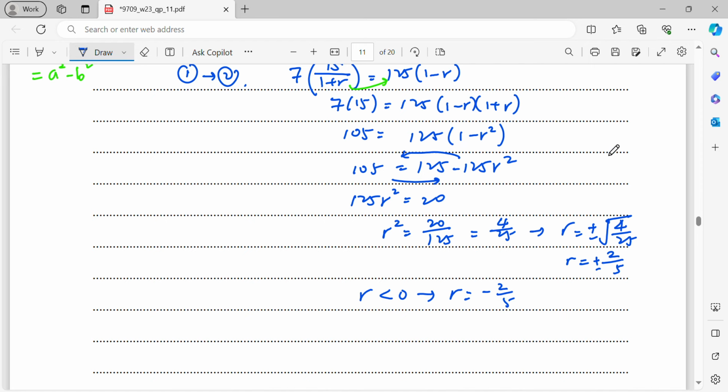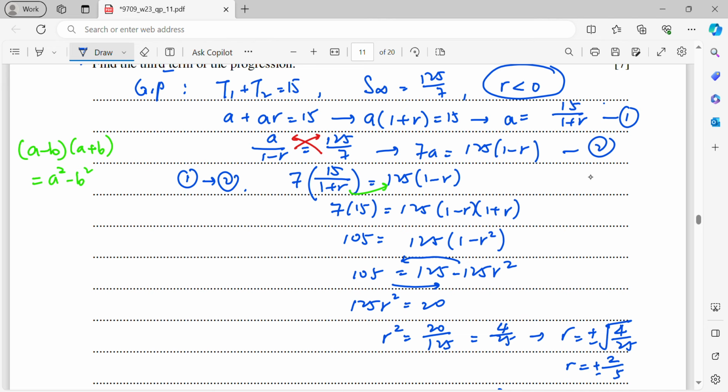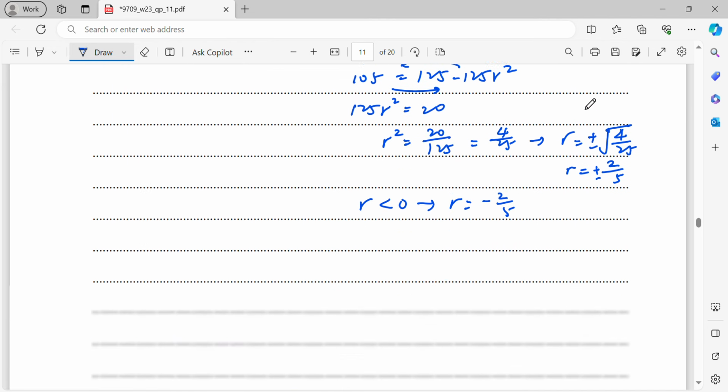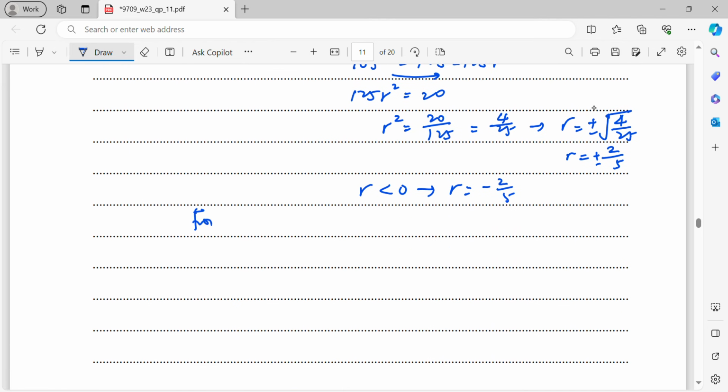Okay, so with this we have to find the a. Now my a, from the first equation, is 15 over (1 plus negative 2 over 5). Therefore, this is going to be 25.